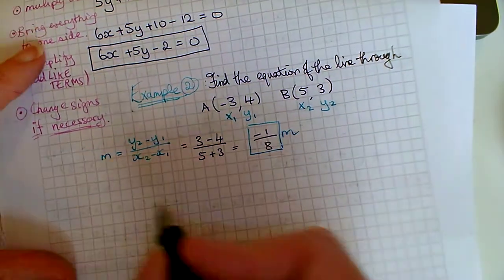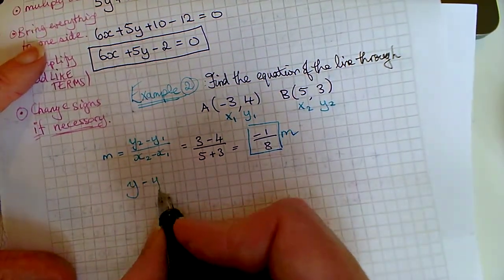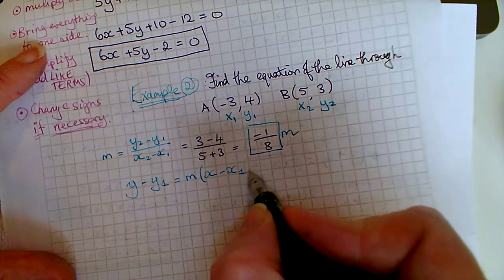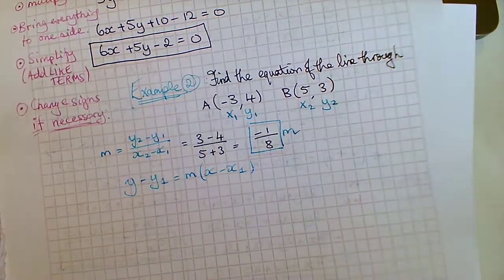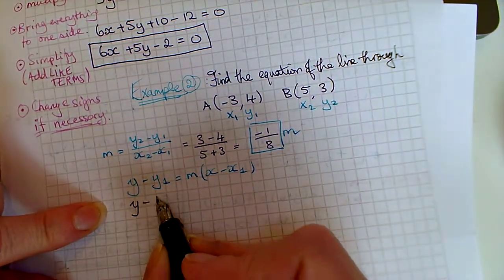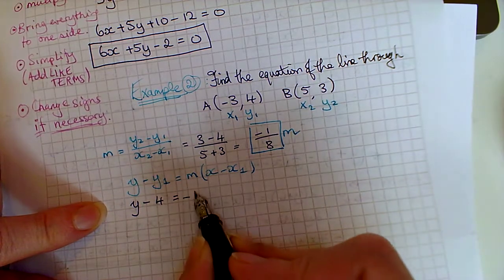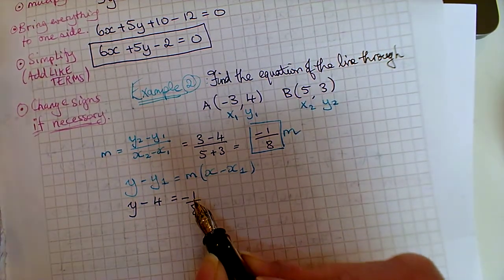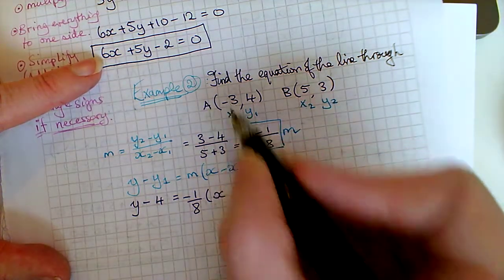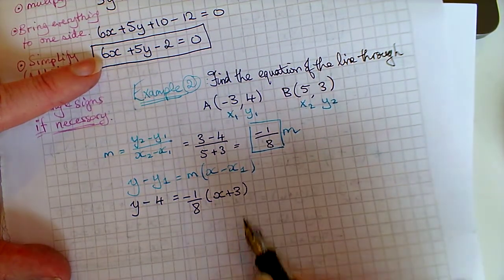But I then fill into my equation of the line formula. Y minus y1 equals m by x minus x1. I've got y minus 4 equals m, minus 1 over 8, by x minus a minus 3, plus 3.